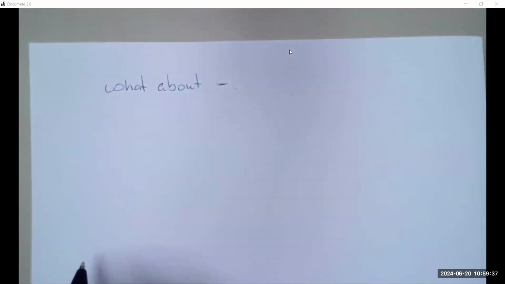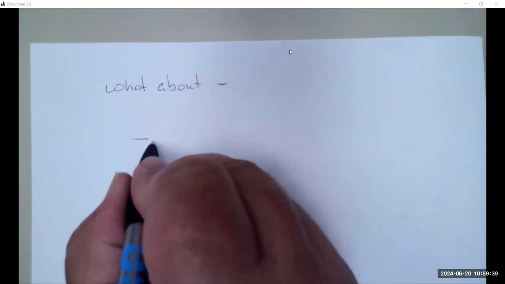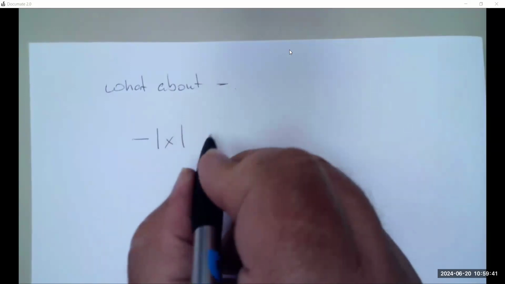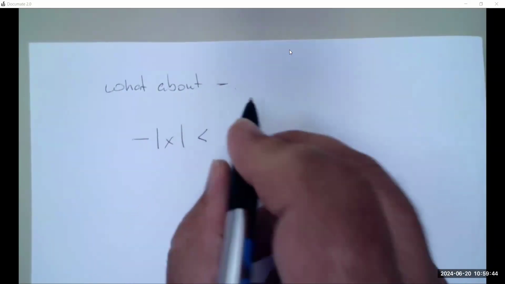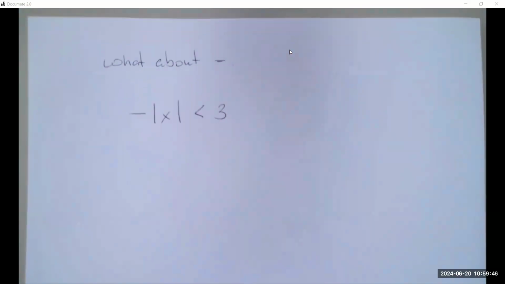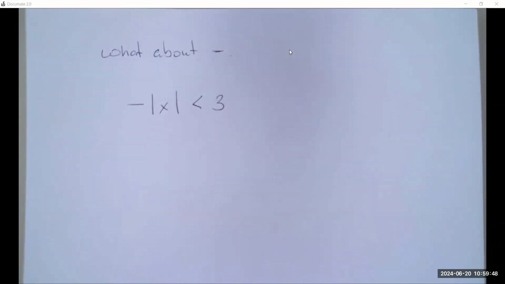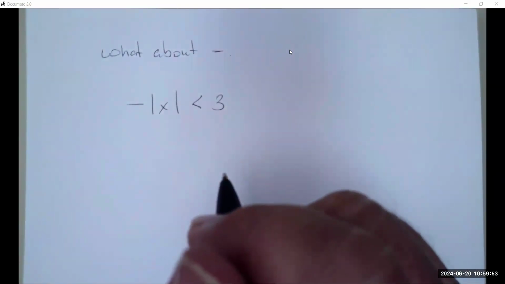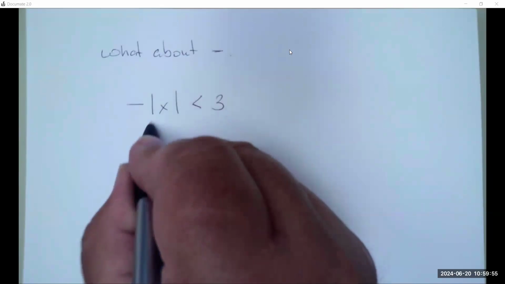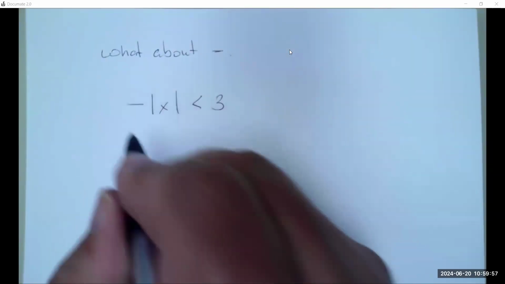Okay, this before. What about negatives? We can't do the absolute value sign until we get everything gone.